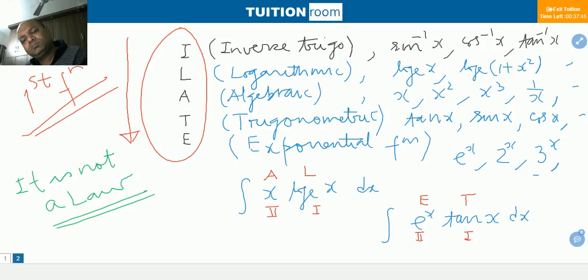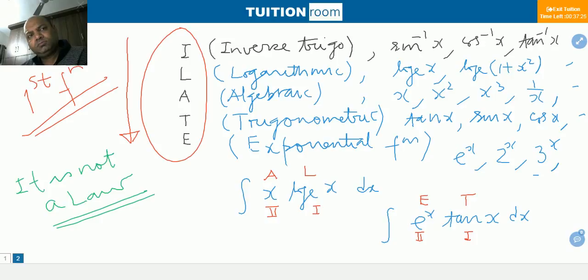So students, I think you have copied it, and I am going to move to some examples of this concept. I'm going to take some examples.